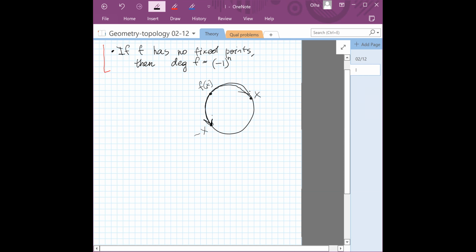No, wait a second. We can go from F to negative x through this line. And this is possible because these two points are not antipodal, so everything is well defined.